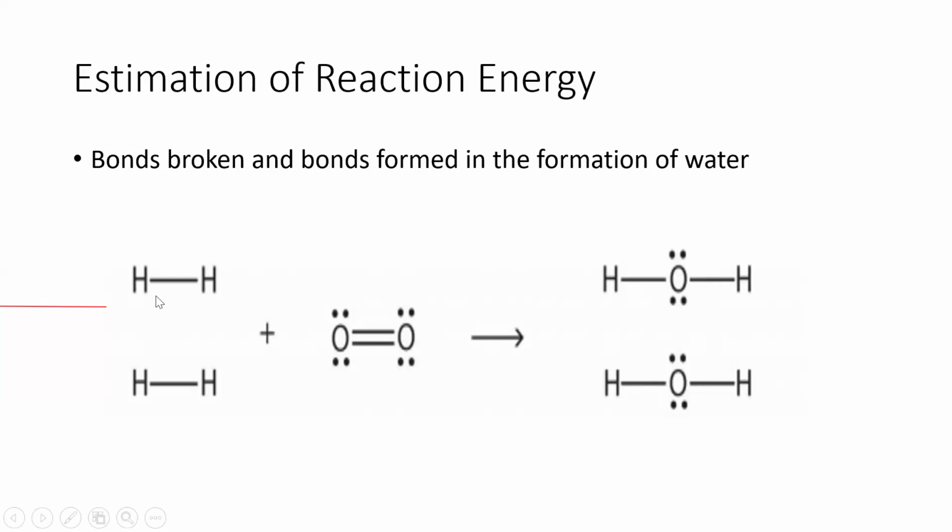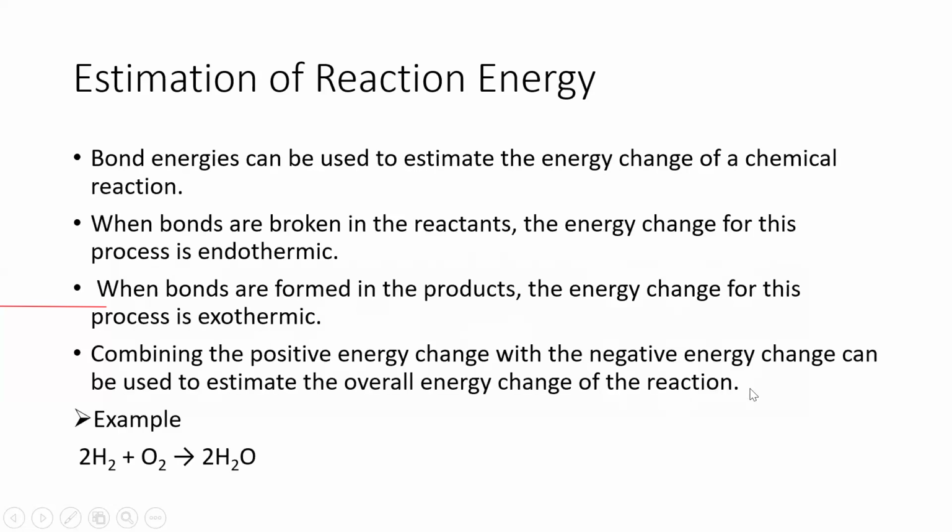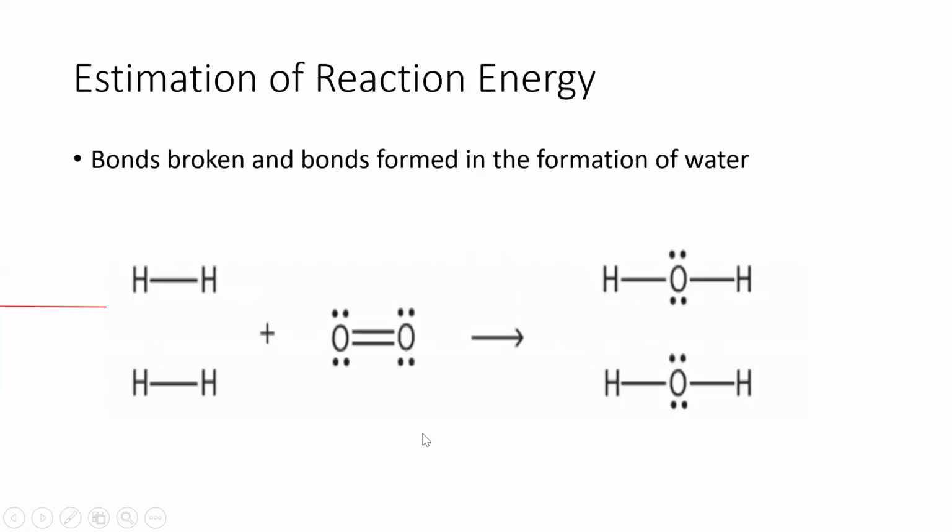Here you need to break this bond and that bond, and this one too you need to break. And then to form this, 2 moles of water, this is 1 mole of water, another mole of water. So here is 2, so you break it.